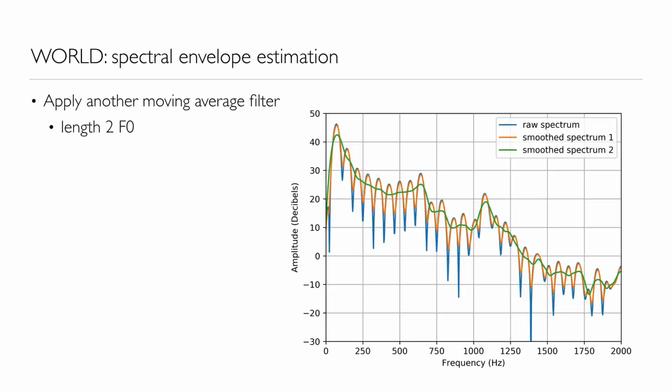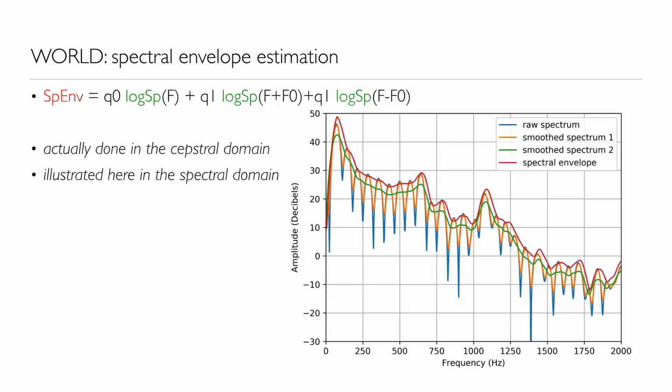And then the last step to extract it is, we take the green line, which is the smoothed version of the spectrum, and we do some, in the world of vocoder, weighted sum of shifted versions of the green curve of the smoothed spectrum.